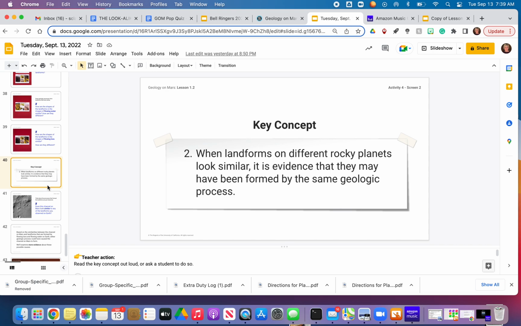This is a very important key concept because planetary geologists used this key concept to support the exploration of Mars. They were able to find landforms that looked similar to the landforms that we see on Earth. And so we're going to go ahead and explore Mars because they may have been formed by the same geologic process. In other words, water, flowing water.